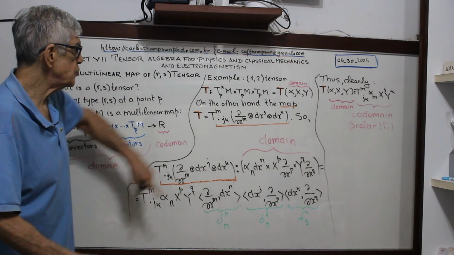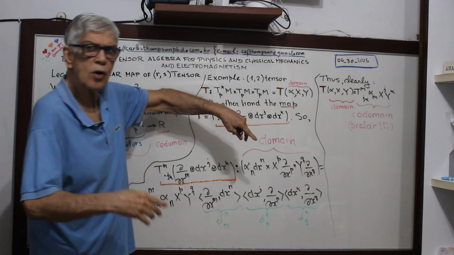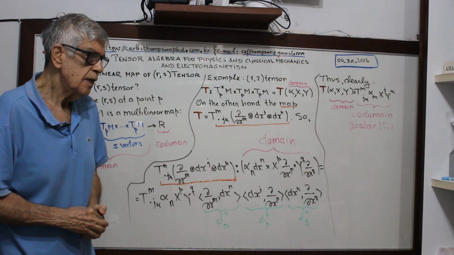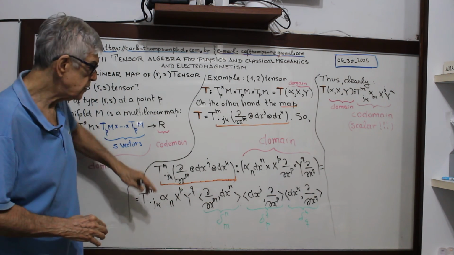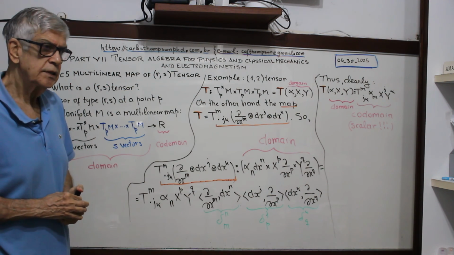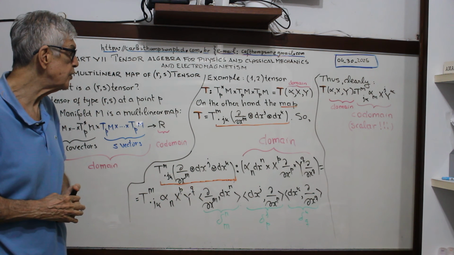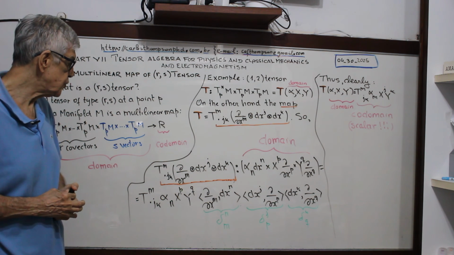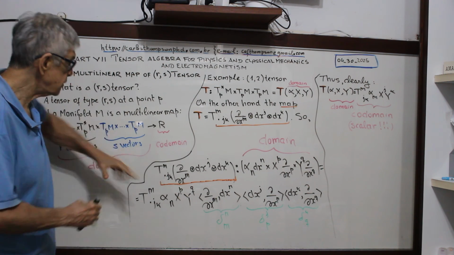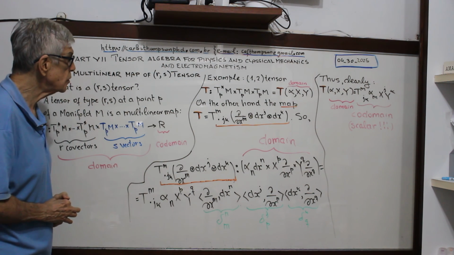Then you can change to 2, 1 or 3, 2 and so on. If you understand this, you grasp this part of the tensor algebra, which in the literature is quite confused. So I think this is clear for you.